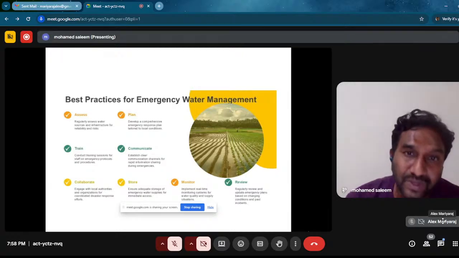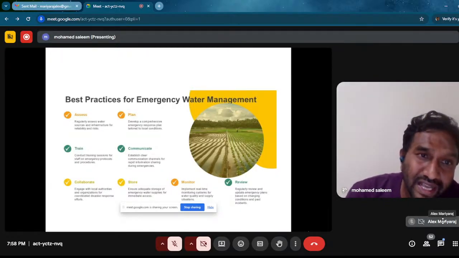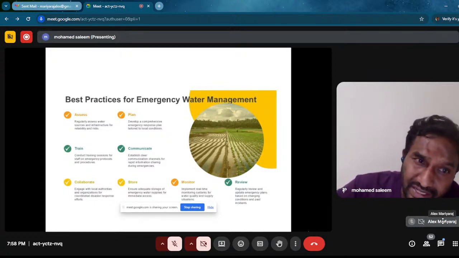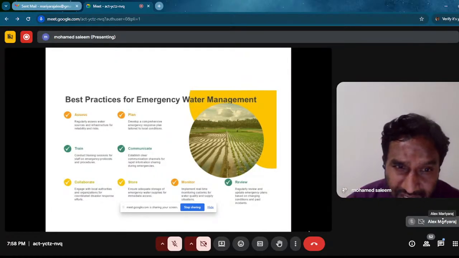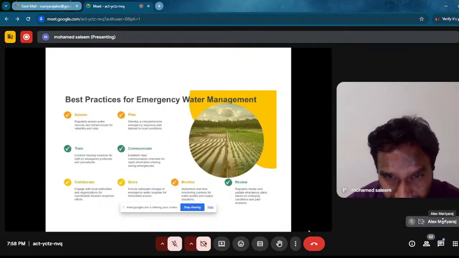The best practice for emergency water management is regularly assessing water sources and infrastructure for reliability and risk. Conduct training sessions for staff on emergency protocols and procedures. Collaboration: you have to collaborate with the local authorities and organizations in case of any disaster response efforts.